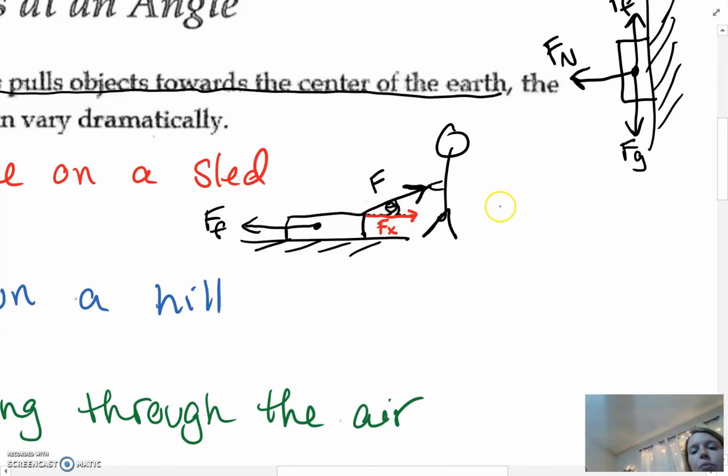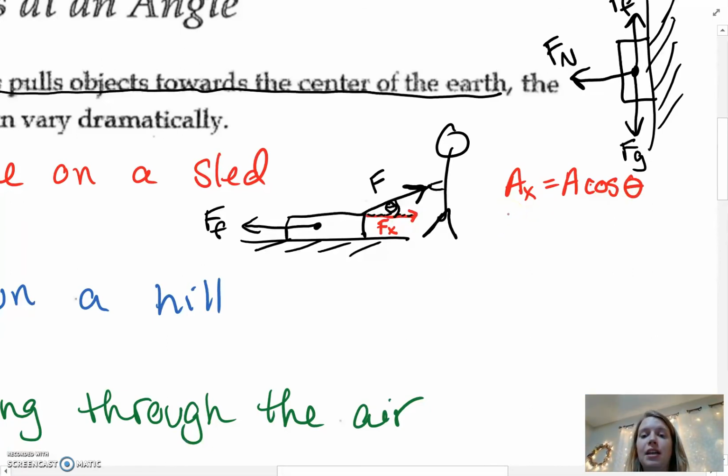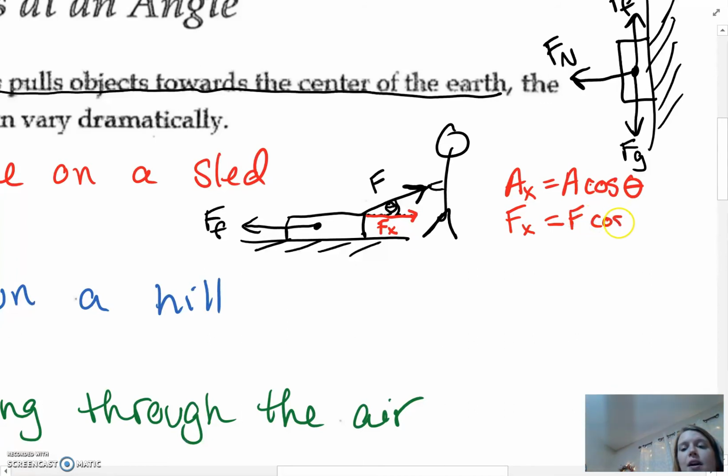And just like in the previous case, where we could say A, being any vector, is that vector times cosine theta, we can do that here. Just in our case, the vector is a force. So Fx just equals F, whatever the hypotenuse is, cosine of theta that's given.